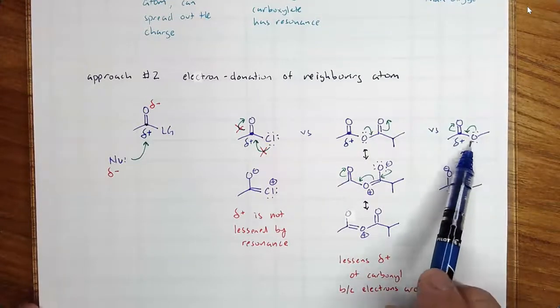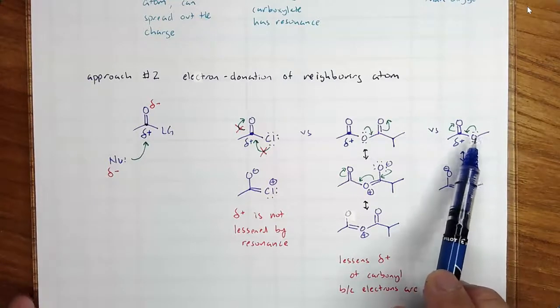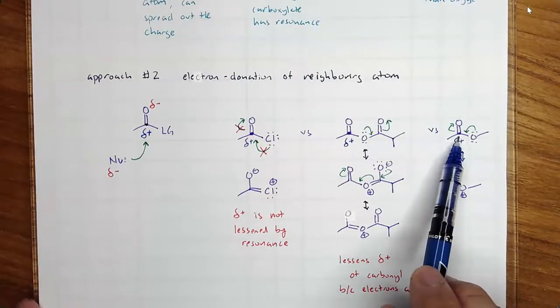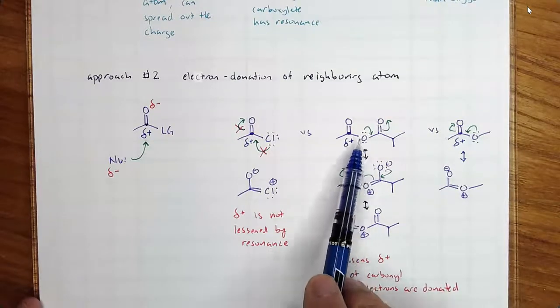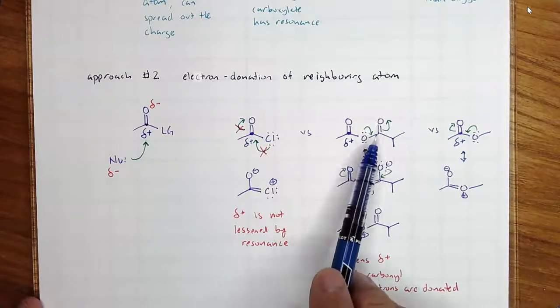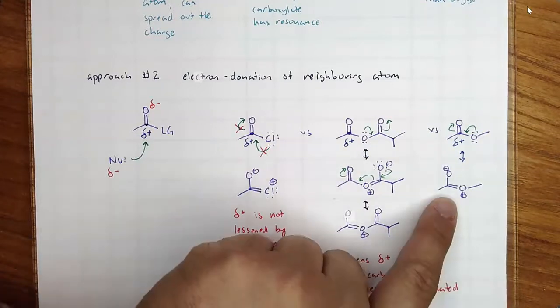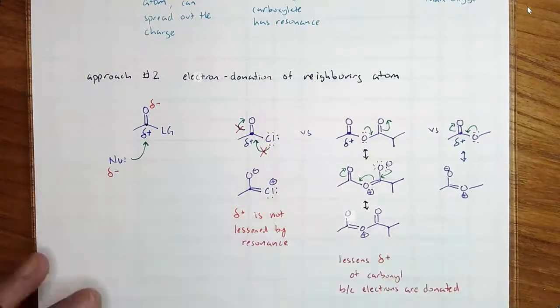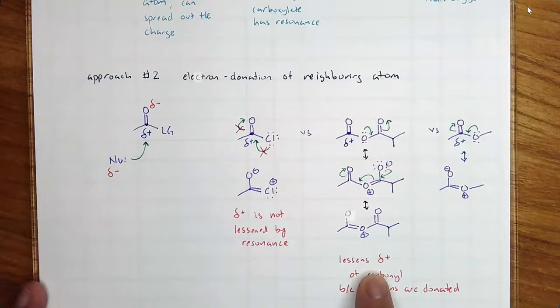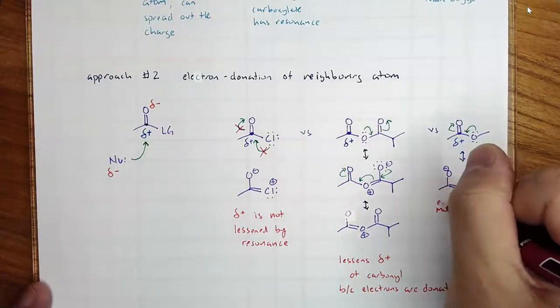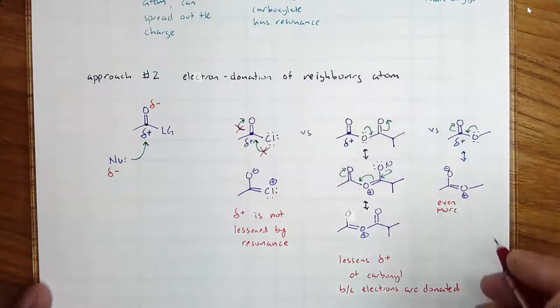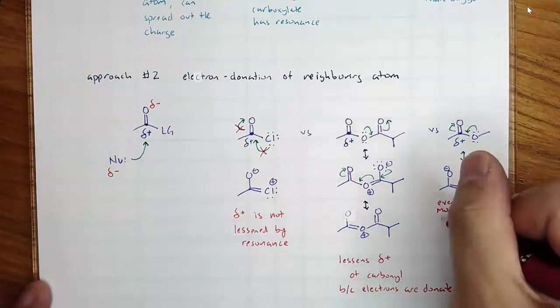So I would say that this has more electron donating capabilities towards the carbonyl than the anhydride, because the anhydride is sharing electrons on both sides. So this has much, much greater lessening of the partial positive charge. Even more lessening of the partial positive.